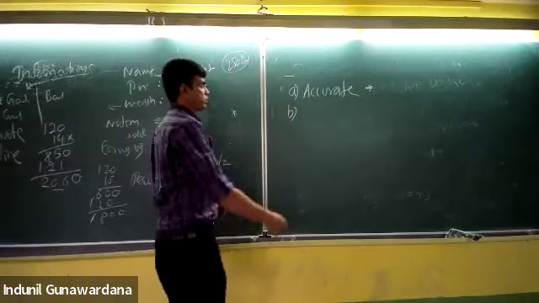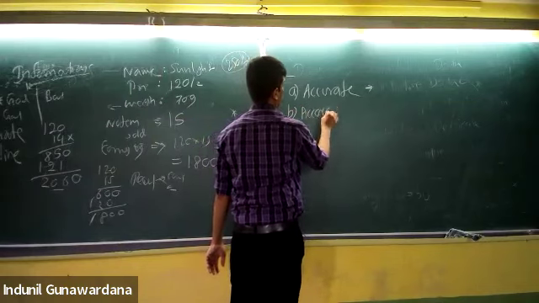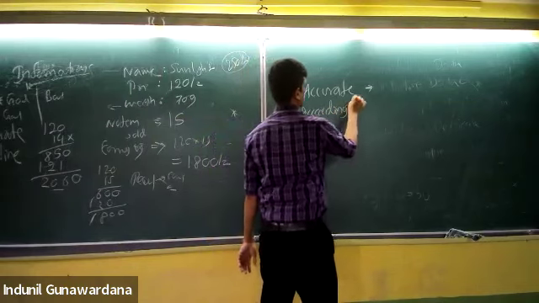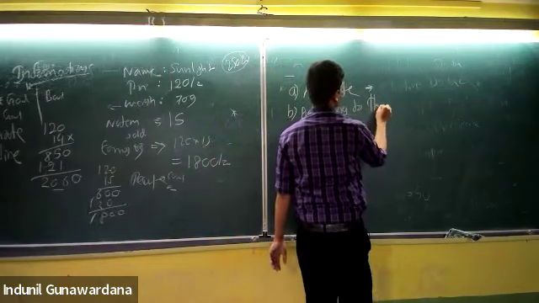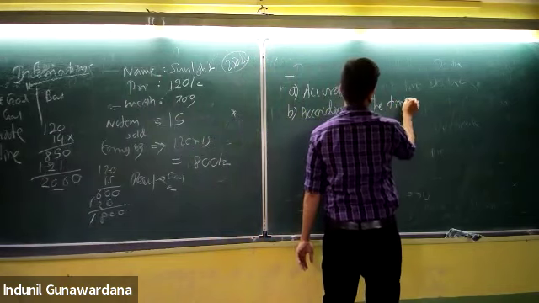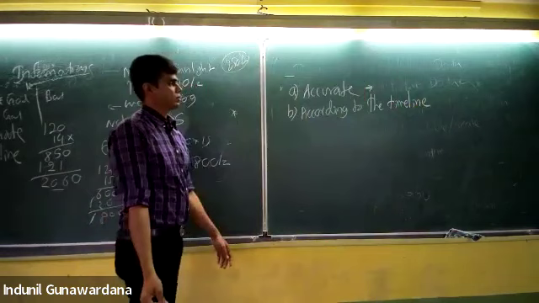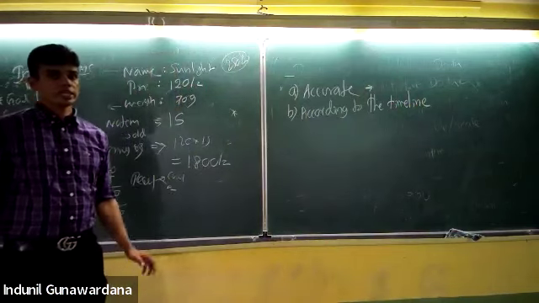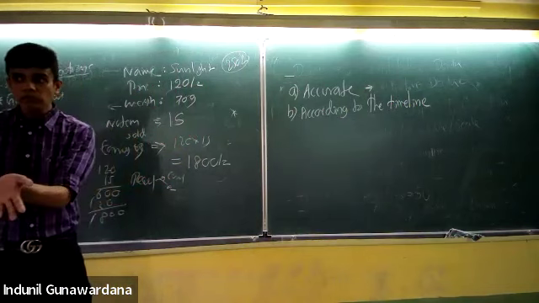Then part B, according to the timeline. You know what it is, right? We need to grab that information matching with the expected time limit.